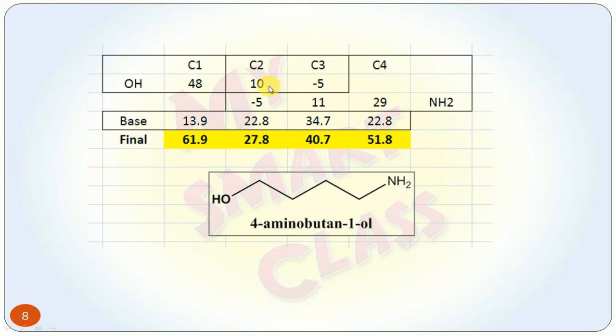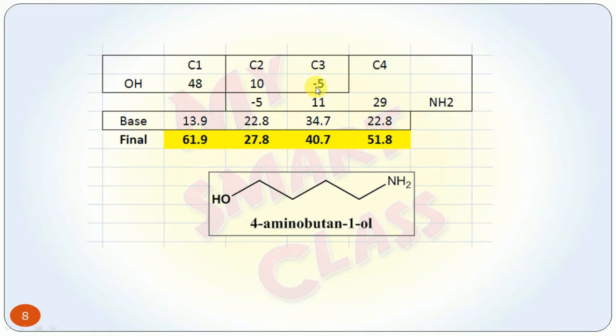Finally, we have to do the summation of all these values. Same for C3. C3 has the effect of OH, which is gamma hydroxy terminal, and the effect of NH2 on C3 is beta amino terminal.